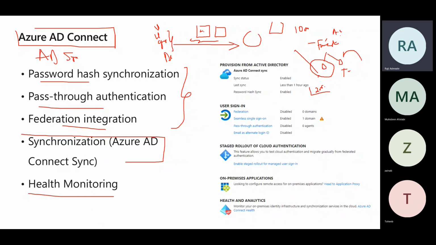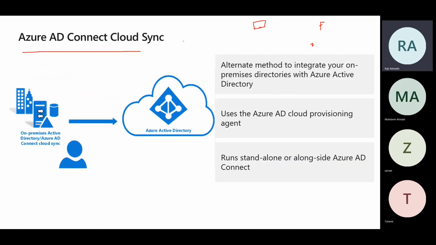If this server goes down, for the period it is down, I would have some challenges with authentication, primarily in the cloud. But the additional advantage Cloud Sync offers is that you can install it on more than one server, so you have high availability. If this server goes down, the agent is running on server 2, and that would still continue. It also supports a larger number of objects, I guess over 300,000 or over 500,000. So that is Azure AD Connect Cloud Sync and Azure AD Connect.